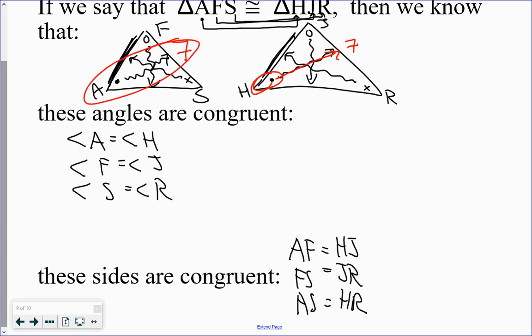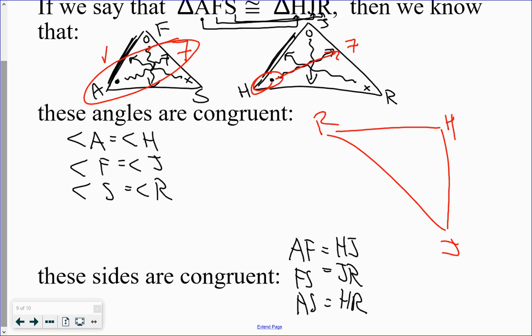Now, typically when they do these questions, they will rotate one of the triangles around. So they'll have R, H, J like that. Then you'll have to come up with your matches.